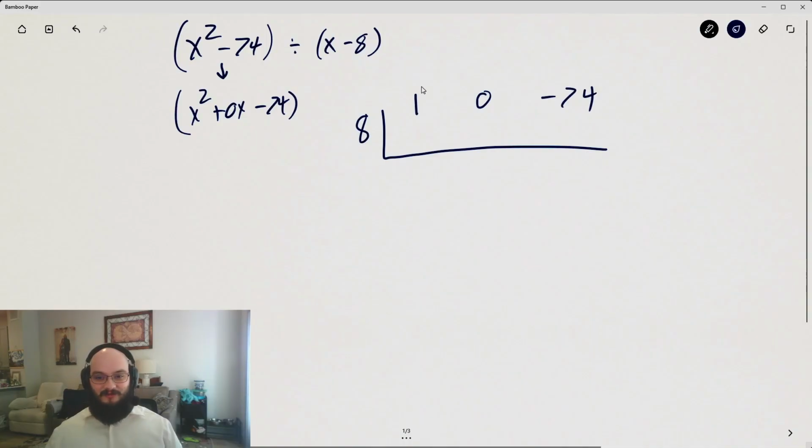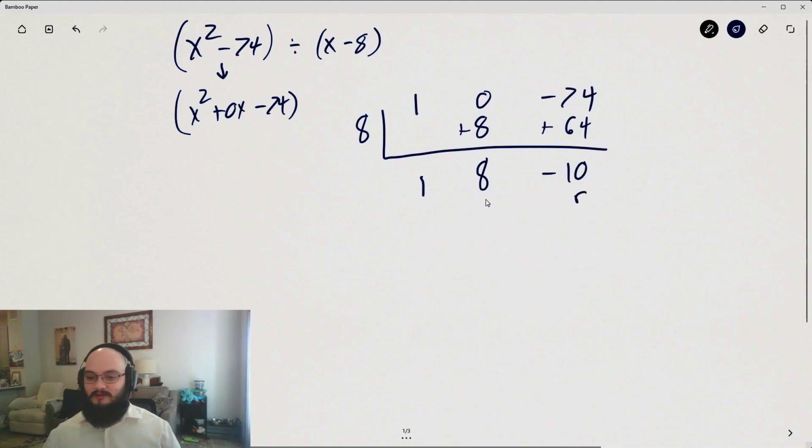Now, we drop down our first digit, as always, multiply to make 8, add these together to get 8. Multiply 8 times 8 is 64. Add these together and get negative 10.